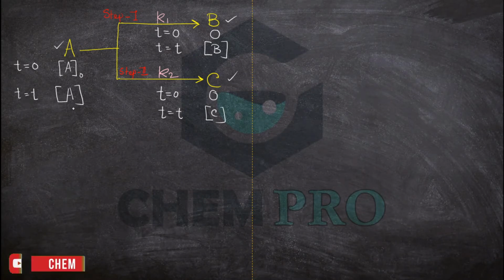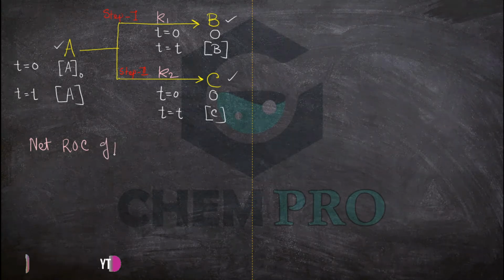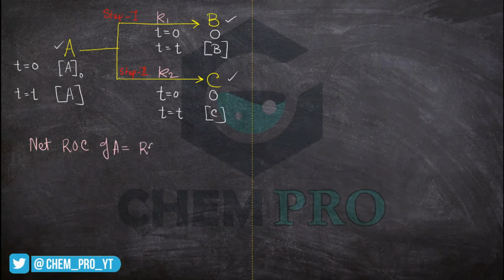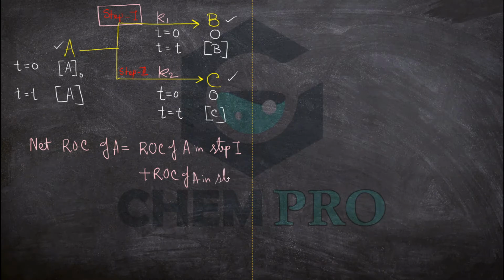At time t, the concentrations will be A, B and C. So we can say that the net rate of consumption of A is the rate of consumption of A in step 1, where A is converted into B, plus the rate of consumption of A in step 2, where A is converted into C.